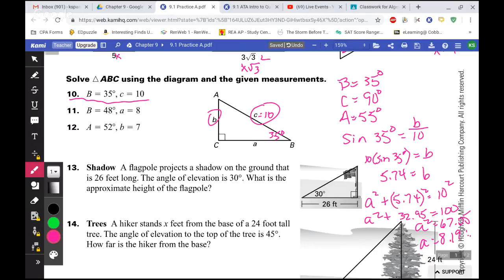So angle A is 55 degrees, side A is 8.19, and side B is 5.74 for number 10. That's all of the work for that one.